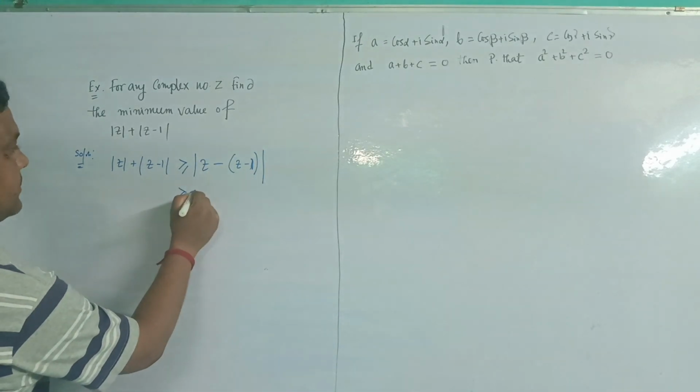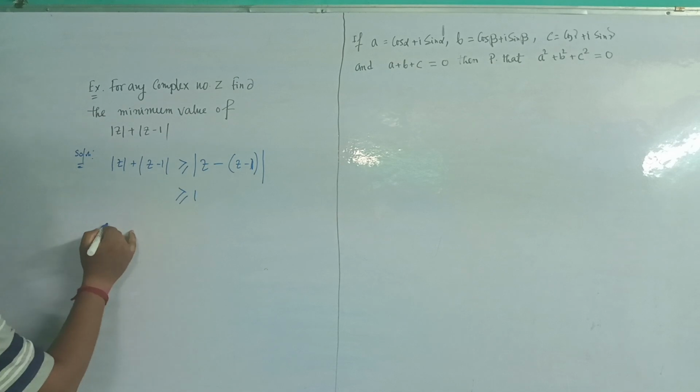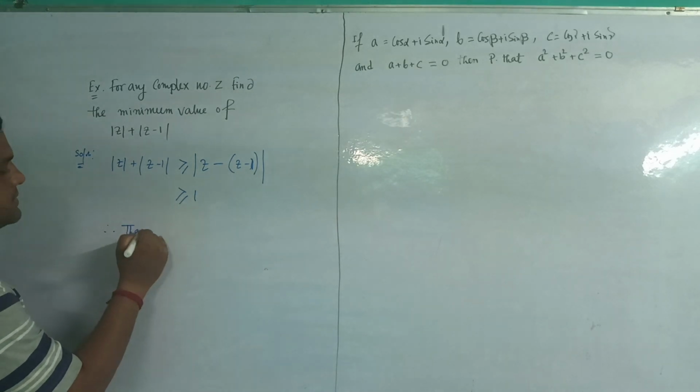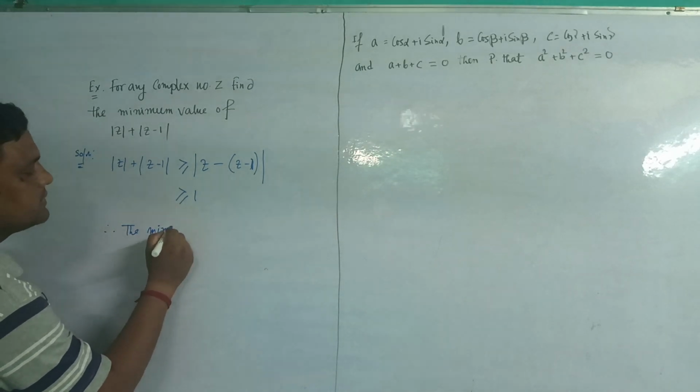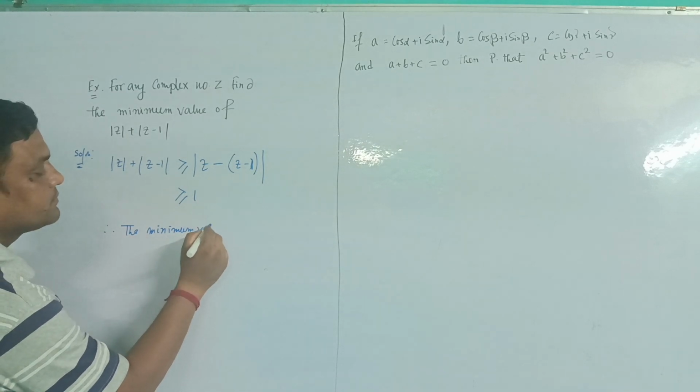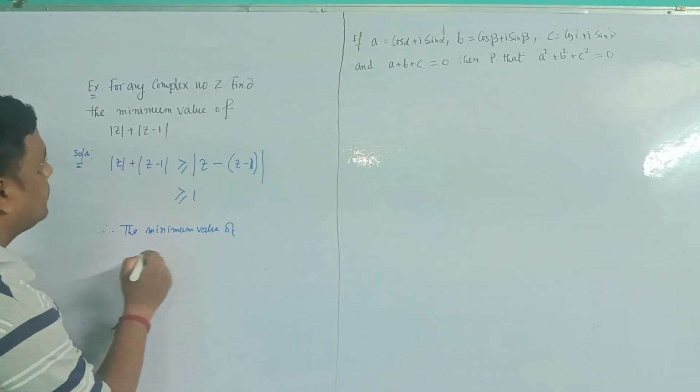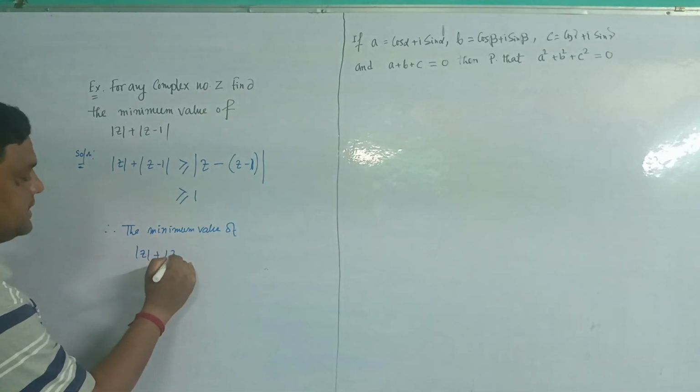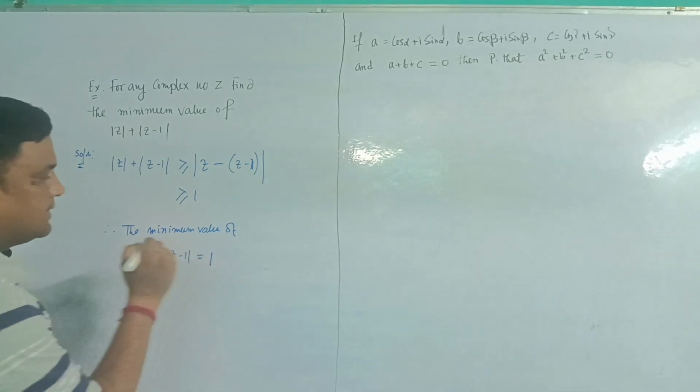So from here we get 1. So what is the minimum value of this? Therefore, the minimum value of mod z plus mod of z minus 1 is equal to 1.